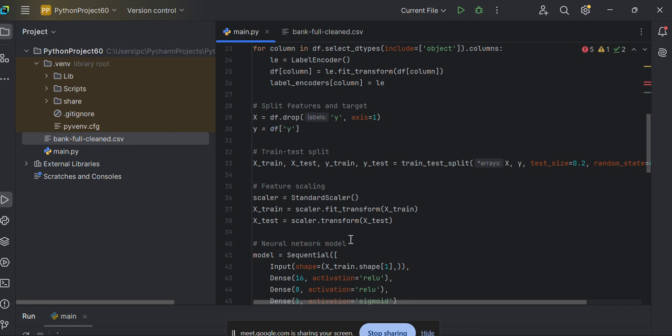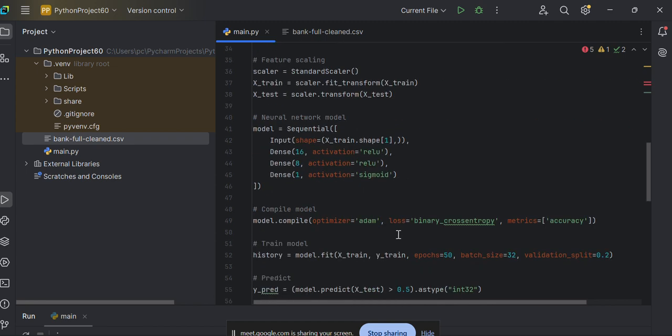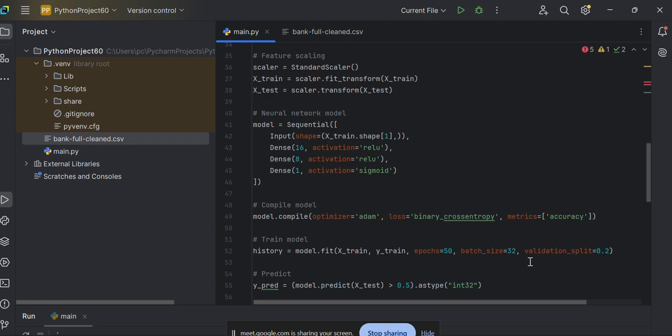Next we move on to the neural network model. We define the input shape and train shape, and compile the model. We have taken binary cross entropy and the accuracy metric, and train the model: history equals model.fit, with epochs 50, batch size 32, and validation split 0.2.